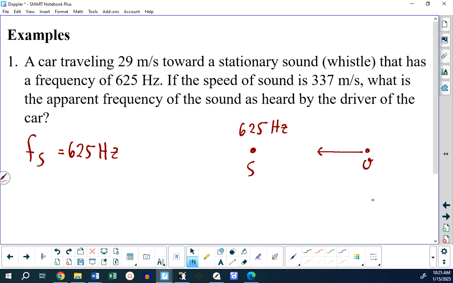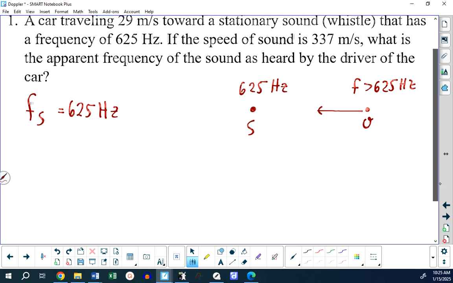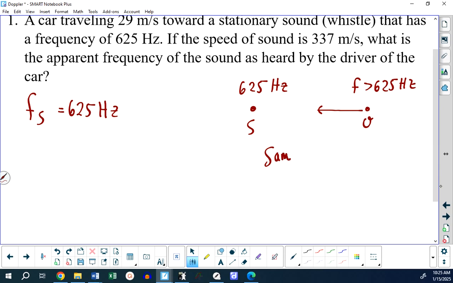You'll hear more than 625 hertz, right? Here's my point, though. What you hear when you're moving towards the source at 29 meters per second will be the same as what you would hear if you weren't moving and the source was.